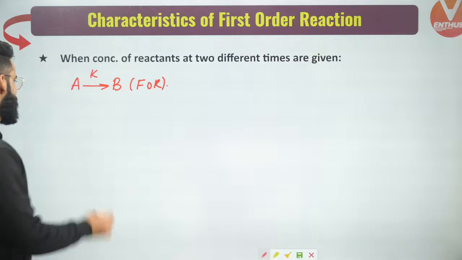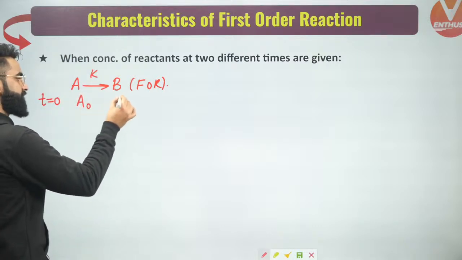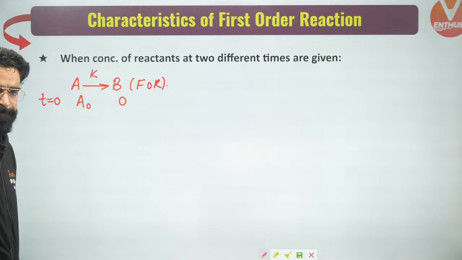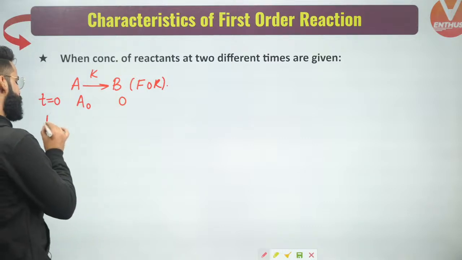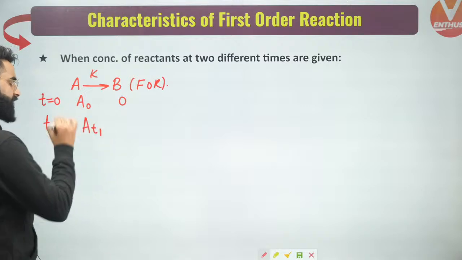Let's assume at time t equal to 0, the concentration of reactant is A naught. The concentration of product will be 0. Let's assume at time t1, the concentration of reactant left is represented by A_t1.